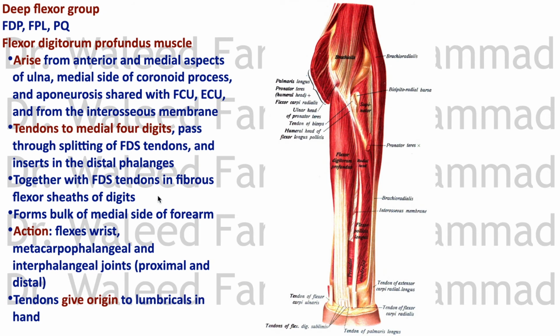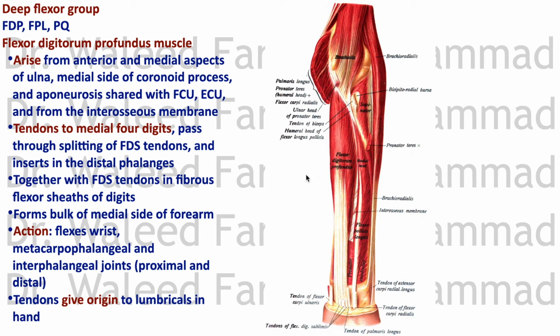The deep flexor group, the flexor digitorum profundus muscle, arises from the anterior and medial aspects of the ulna, the medial side of the coronoid process, and the aponeurosis shared by the flexor carpi ulnaris and extensor carpi ulnaris, as mentioned before, and from the interosseous membrane.